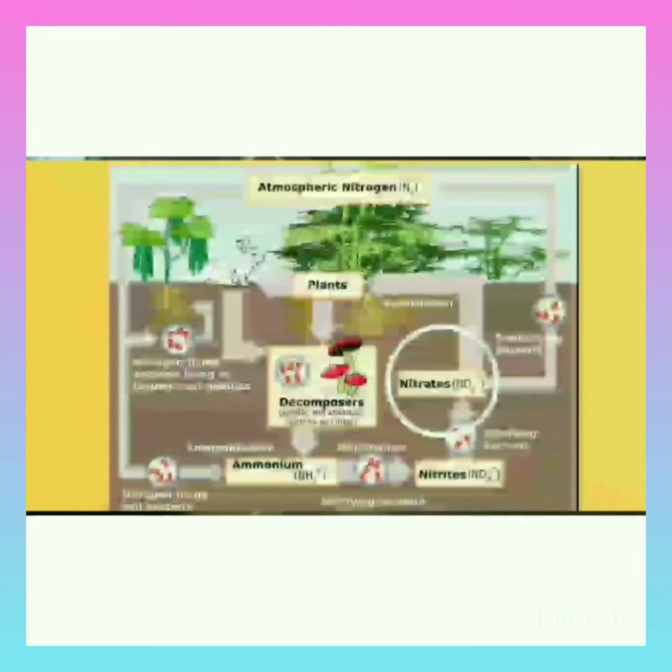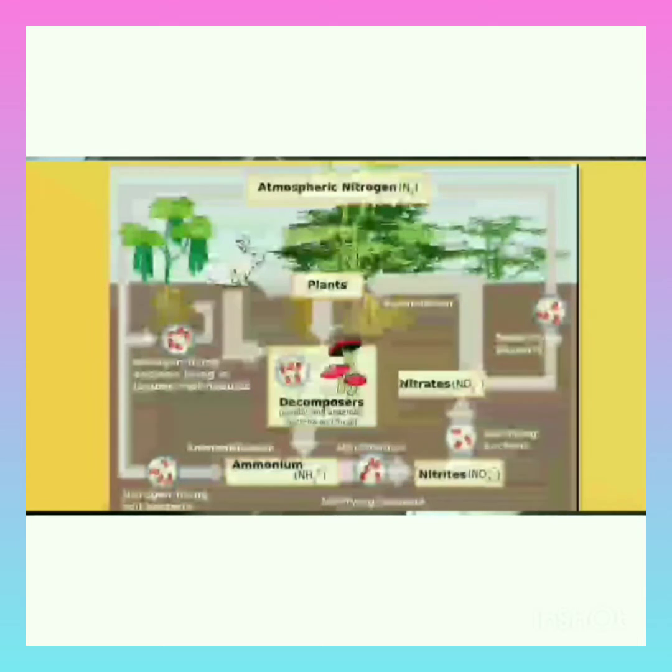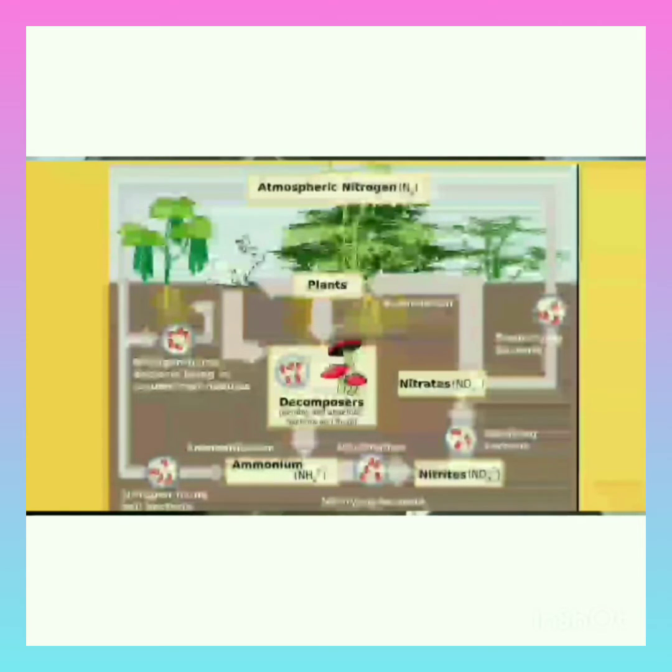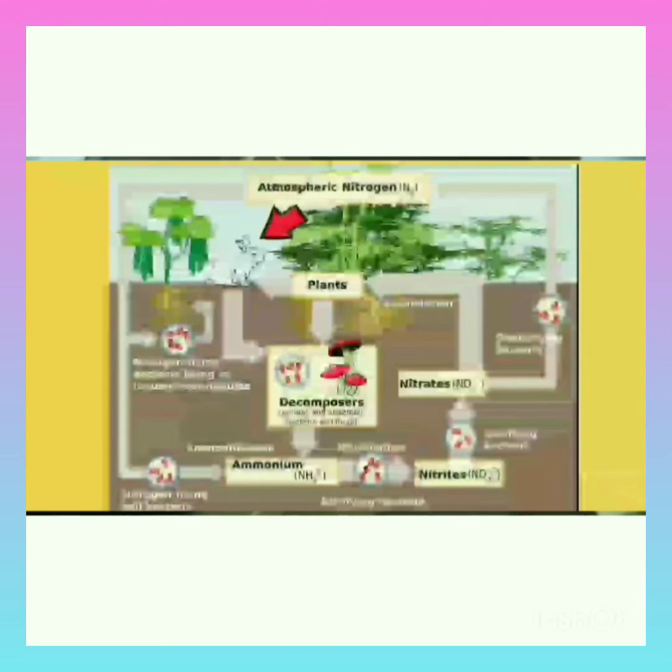At this point, plants can absorb this nitrogen in a process called assimilation. However, not all of the nitrate is absorbed, but some of it goes to bacteria that release the nitrogen to the atmosphere in a process called denitrification. The nitrogen returns to the atmosphere.